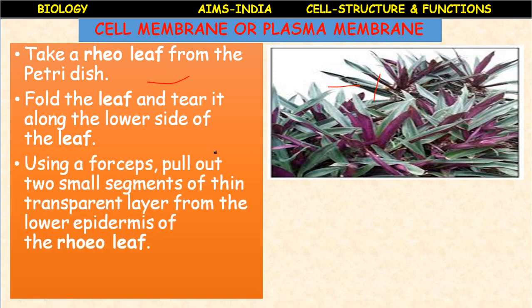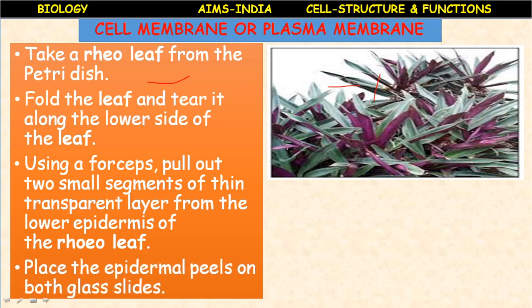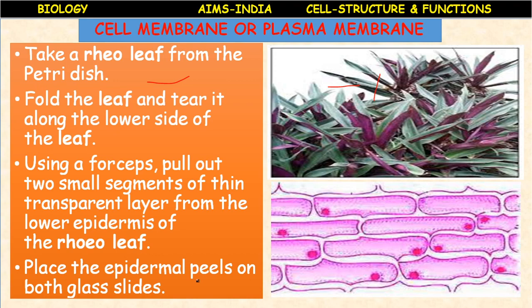Using a forceps, pull out two small segments of thin transparent layer from the lower epidermis of the Rhoeo leaf. Okay, with the help of your teacher, you can conduct this activity or experiment in the school laboratory. So place the epidermal peels on both glass slides and observe under microscope.